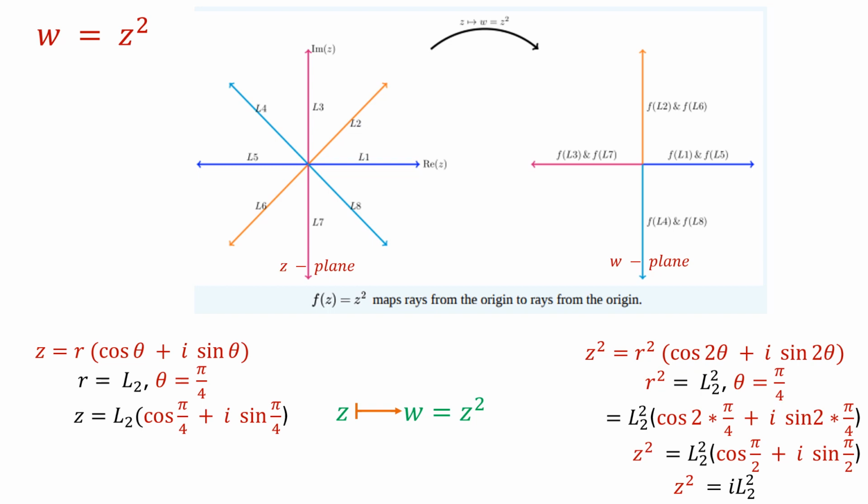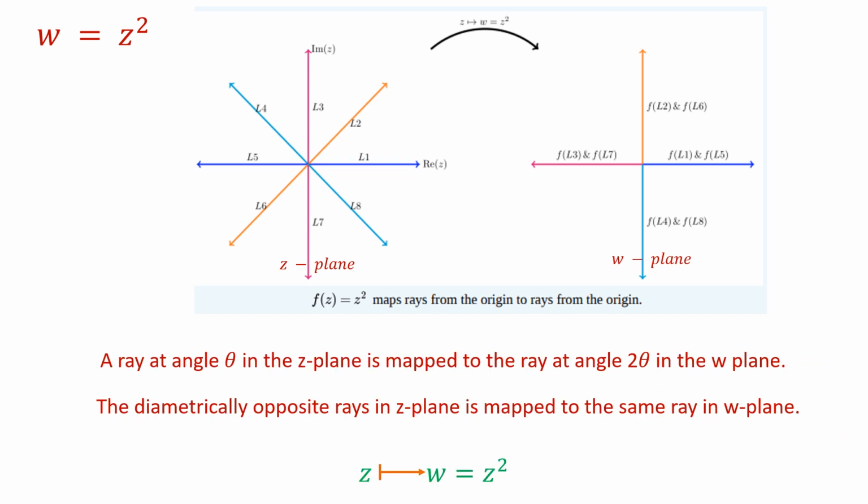So cos pi by 2 is 0, sin pi by 2 is 1. So we have i L2 square. That means the ray originating from the origin in the Z plane denoted as L2 is mapped in the W plane as f of L2 in the imaginary axis.